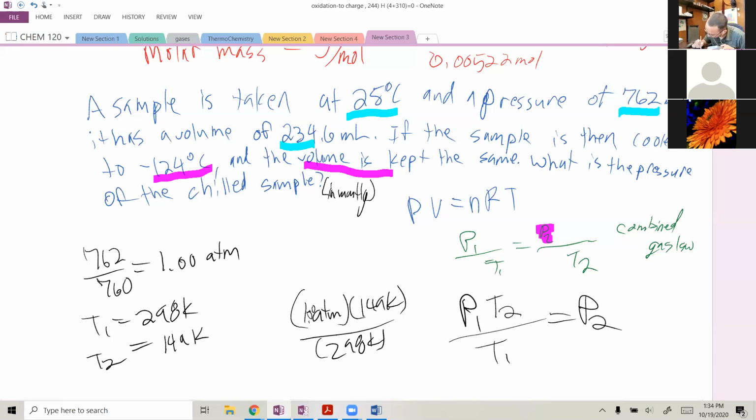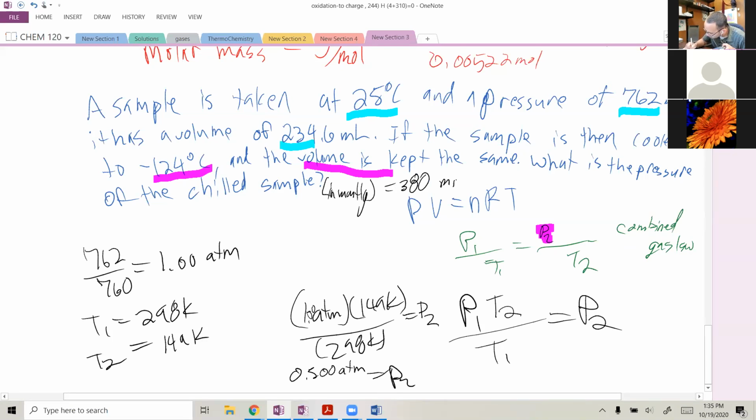And so our pressure 2 is 0.500 atmospheres. And if I multiply that by 760, we're going to get 380 millimeters of mercury. Is there anything that I need to add to that before I consider that my final answer?